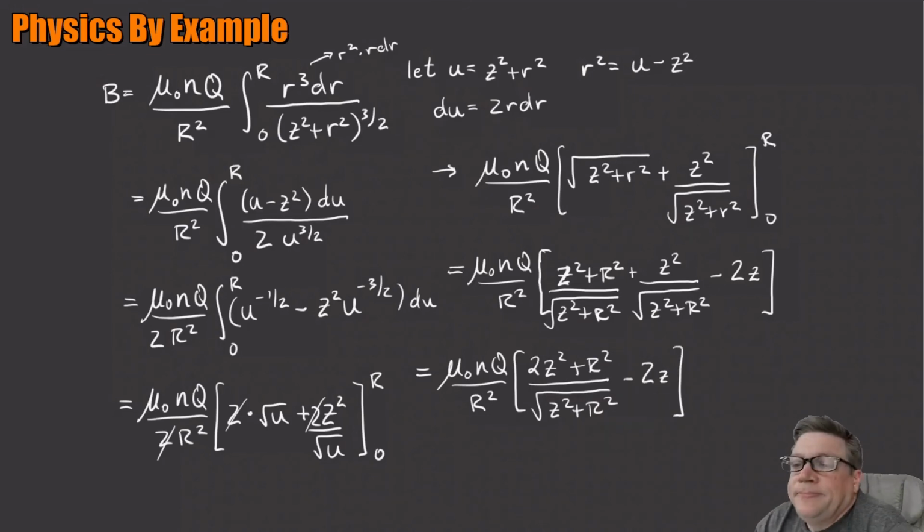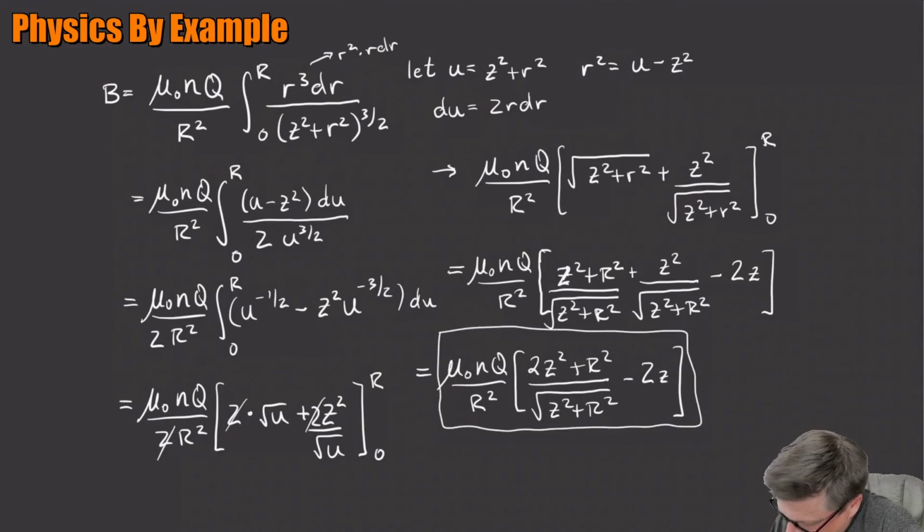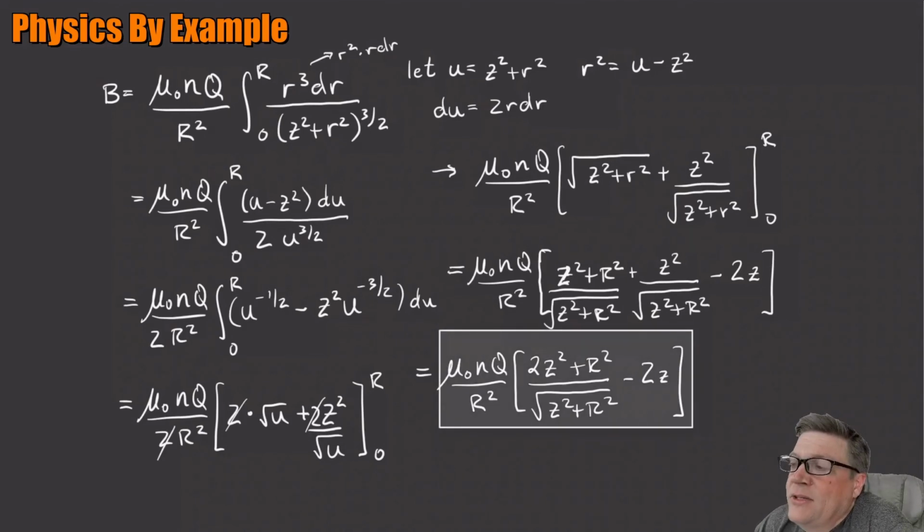There we go. And really, that's it. So here is the magnetic field along the z-axis, some distance z away from the disk. I mean, that's kind of it.